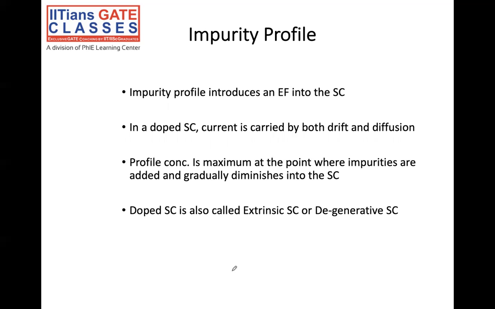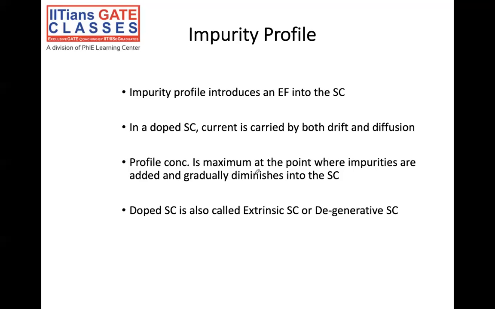It means indirectly we are introducing an electric field into the semiconductor. In other points, in a doped semiconductor, the current is carried by both drift and diffusion. This concept we will understand later, what is drift and what is diffusion. In coming classes, I'll explain drift and diffusion in detail.